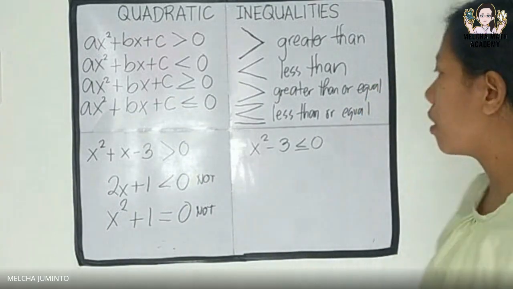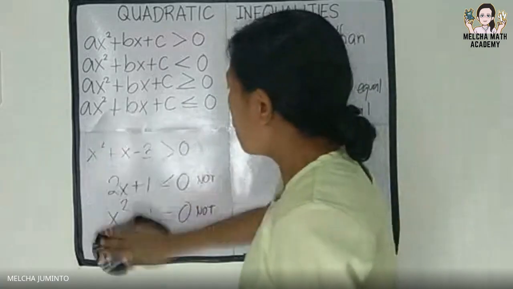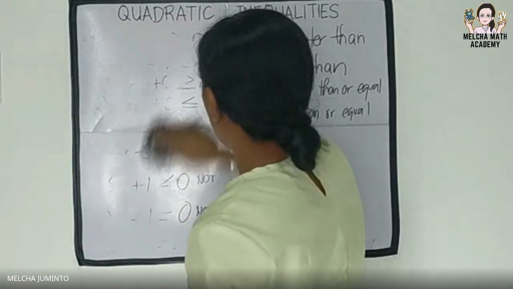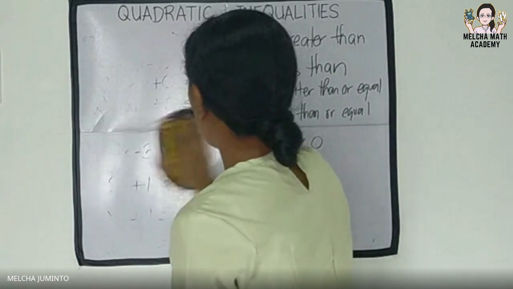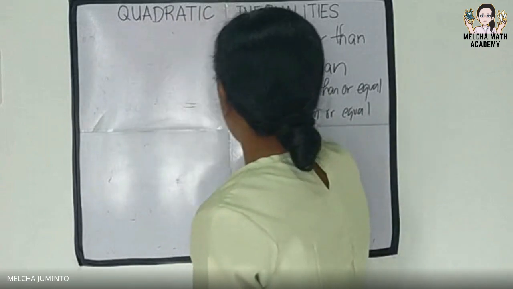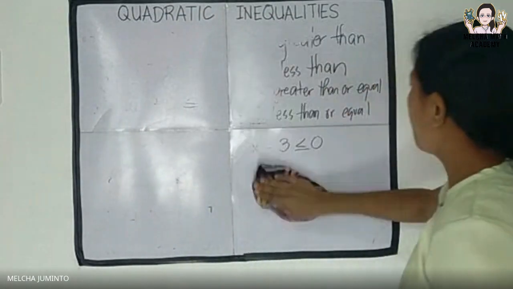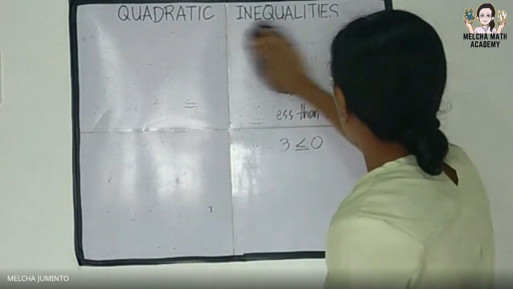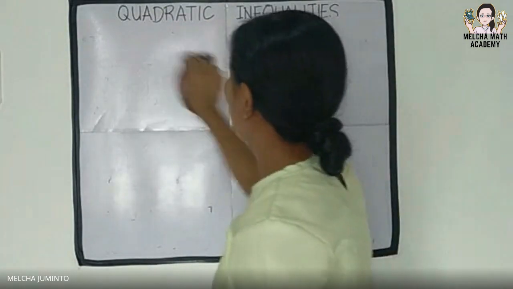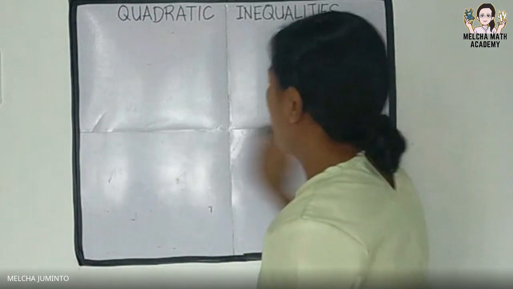Now let us proceed with the next. This time, we're going to solve quadratic inequality by giving first some examples of quadratic inequality, and then we will now solve them. Okay, for example, this one.